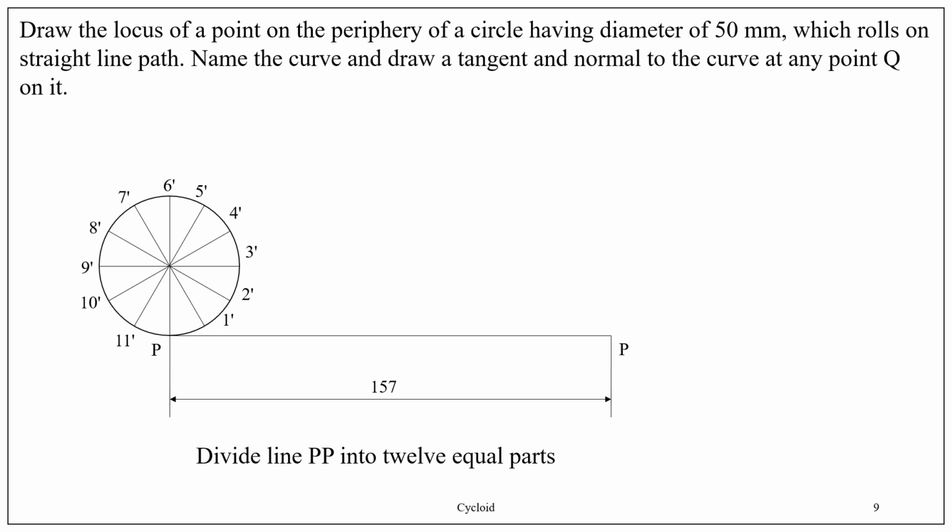Why 12? The number of divisions on the line PP must be equal to the number of divisions on the circle. Already we have divided the circle into 12 equal parts. Therefore, divide the line PP into 12 equal parts and name the points as 1, 2, 3, 4 up to 11, and the 12th point is P.